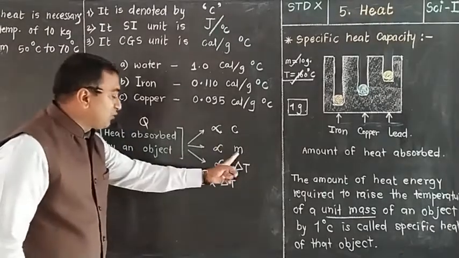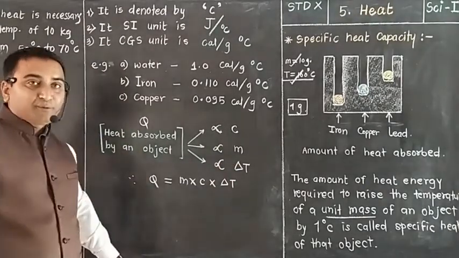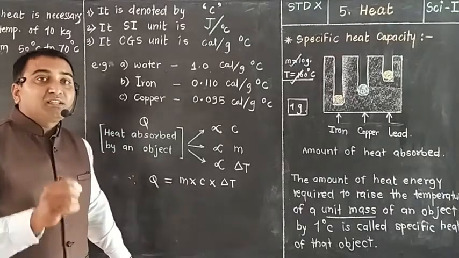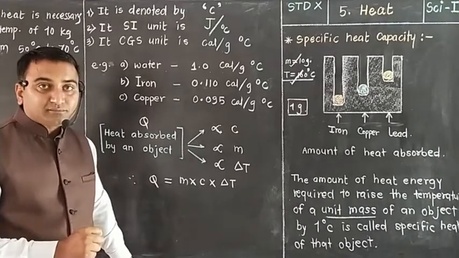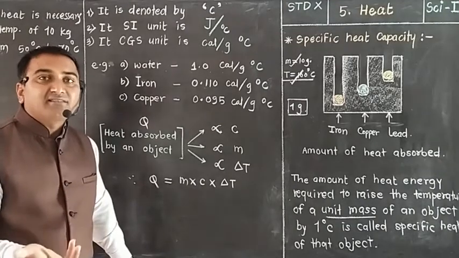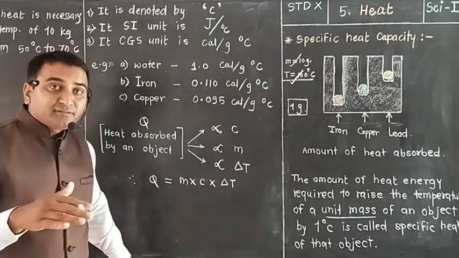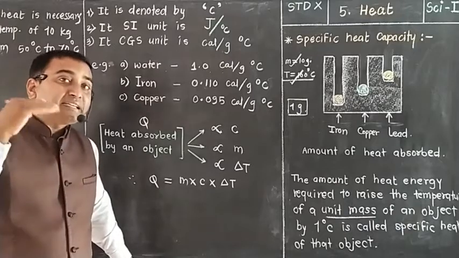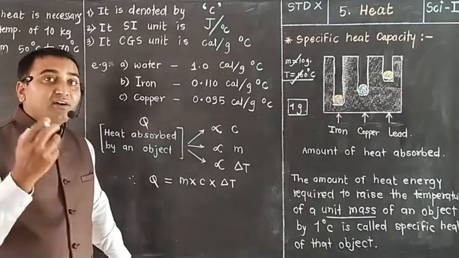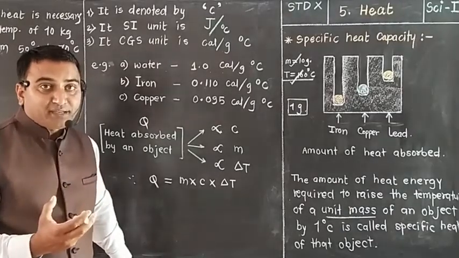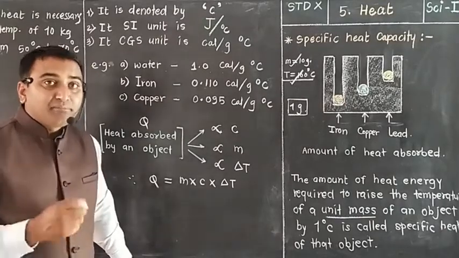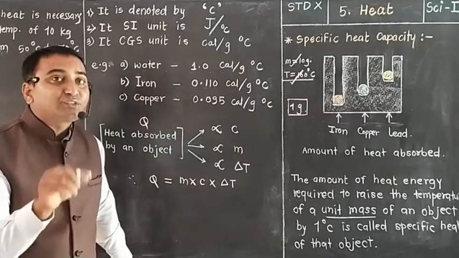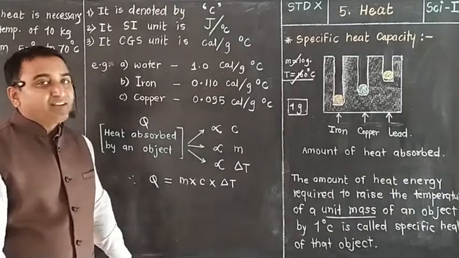If mass is more, then heat absorption is more. See, if your mother is going to prepare tea for 2 people, definitely the heat required is less. And if the number of cups of tea increases, that means if it is 100 cups of tea your mother is going to prepare, definitely she will take more time to prepare because she has to give more heat to that vessel.